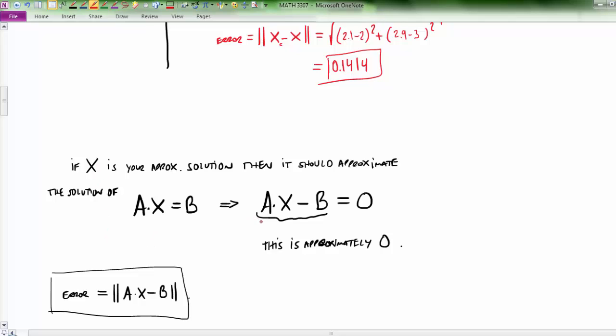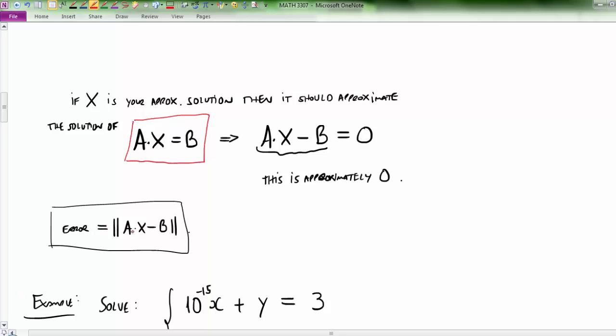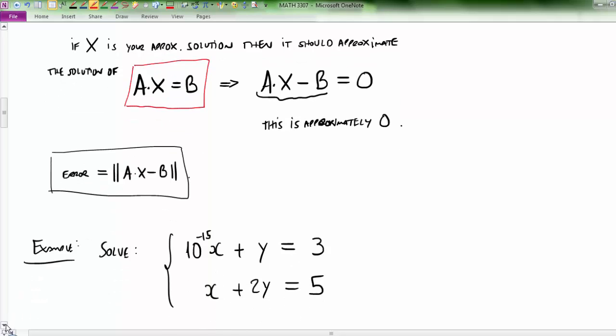One, the simplest format would be to look at the original matrix equation, and subtract both sides of the equation. So we move b to the other side, you subtract these two. So this should be approximately 0. Okay, the 0 vector here. And that's the error that we use. So that's how we compute the error. Here's an example.